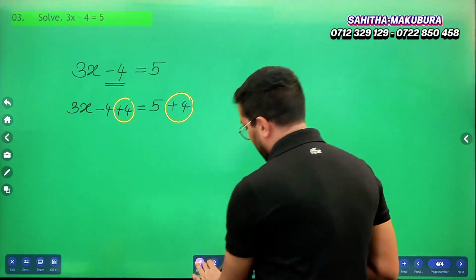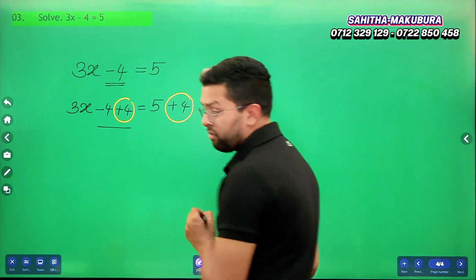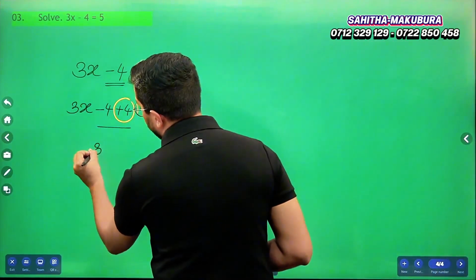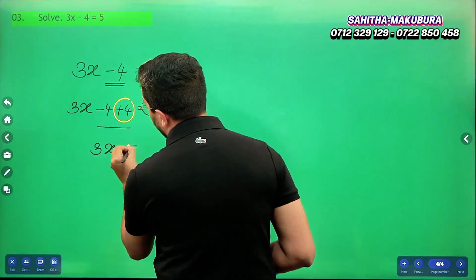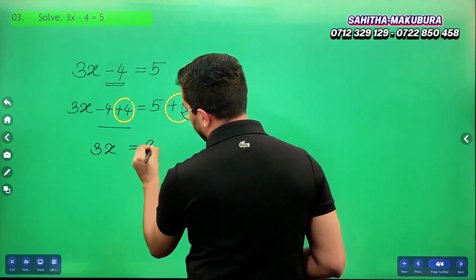Right. Now what happens? Minus 4 plus 4 is equal to 0. You will be left with only 3 times x on your left hand side. And 5 plus 4 is equal to 9.